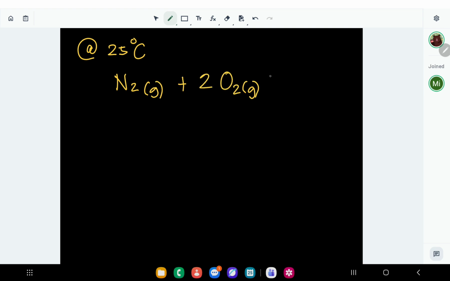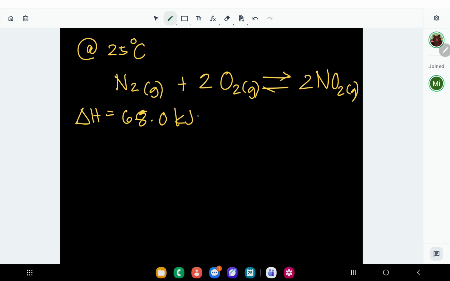All right. Determine if the following reaction is spontaneous at 25 degrees Celsius. So the reaction is N2, nitrogen gas, plus oxygen gas, then NO2 gas. We're given delta H equals 68.0 kilojoules per mole.